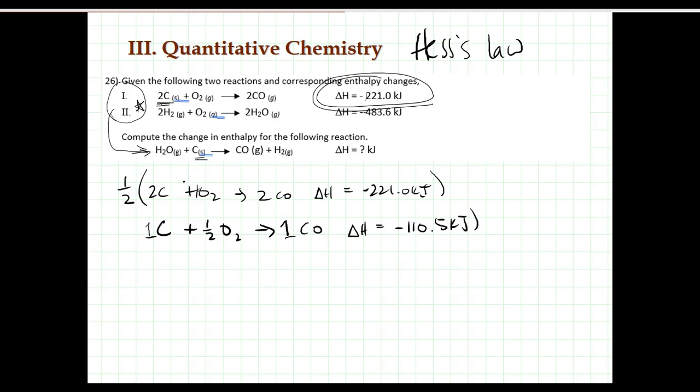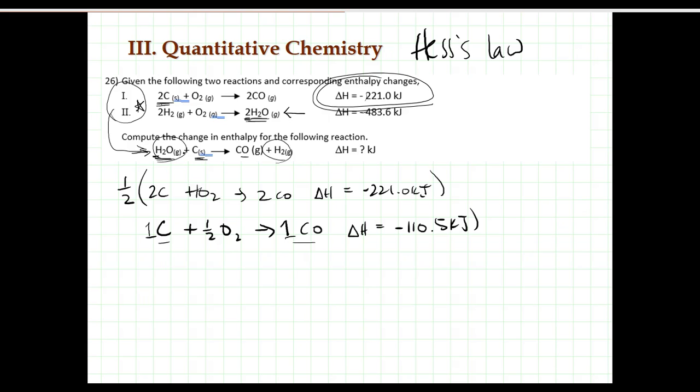Good. Let's look at the next piece because I've got carbons and carbon monoxides, but I need some waters and some hydrogens. I'm going to get those from this second equation. So what I'm going to have to do with this one, clearly we're going to have to chop in half again because I only have 1 water and I've got 2. I want 1, I have 2. We're going to chop it in half. But also, we're going to have to reverse the whole thing, flip the direction, because in this one I have water in the products, and over here I have water in the reactants.